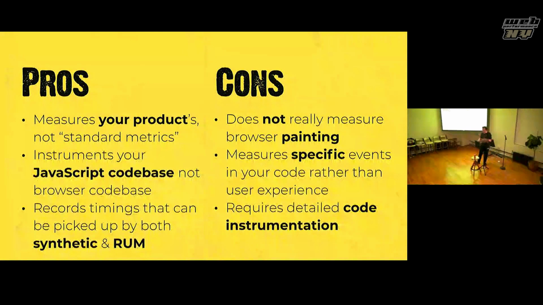And the most important benefit, actually, is that it can be collected by both synthetic tools, so you can use analysis tools and see very deep into the data, as well as RUM, where you can collect it from every single user because it is JavaScript running for every user. And I think that's one of the fundamental properties of this API, which makes it much better than other tools, where you can both synthetically validate how things happen and still collect it from all the users.